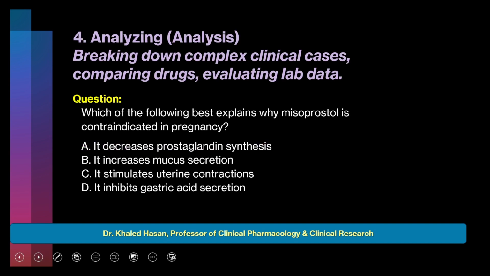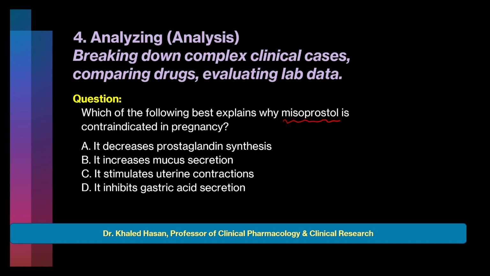The next level will be analysis, or analyzing: break down complex clinical cases, comparing drugs. Which of the following best explains why misoprostol is contraindicated in pregnancy? We don't recommend using misoprostol during pregnancy. A, decreases prostaglandin synthesis. B, increases mucus secretion.